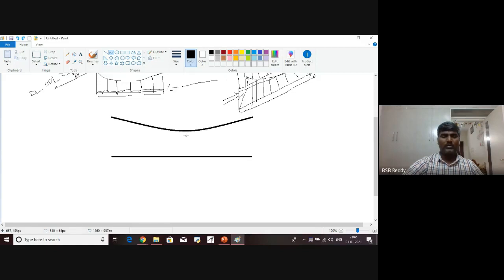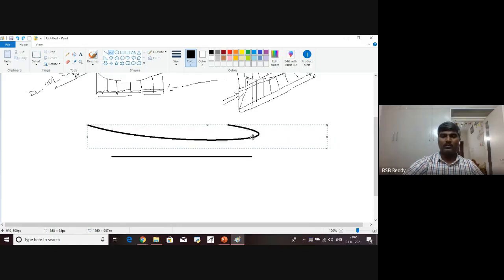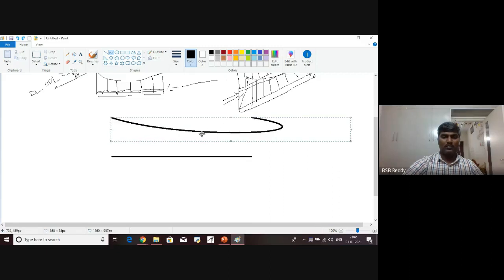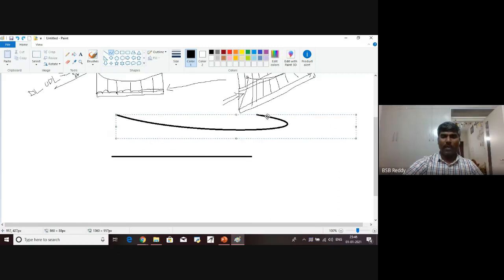Just put it down at the center. Let me draw it again.